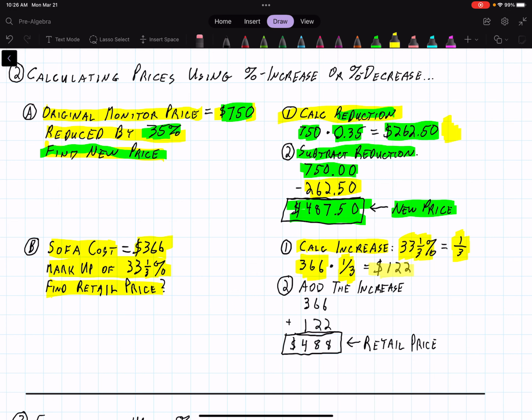So I divide 366 by 3, and I get $122. So now I have to add that increase back to my cost. There's my cost, came from my original problem. Then I add my 122 increase, which I calculated right here, and I get my new price, the retail price, the price that I'm going to charge the customers for this sofa, at $488.